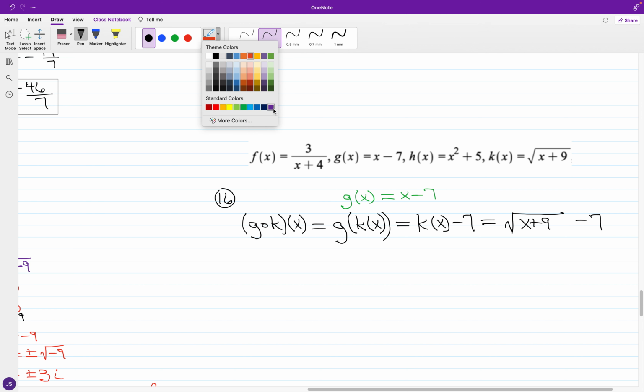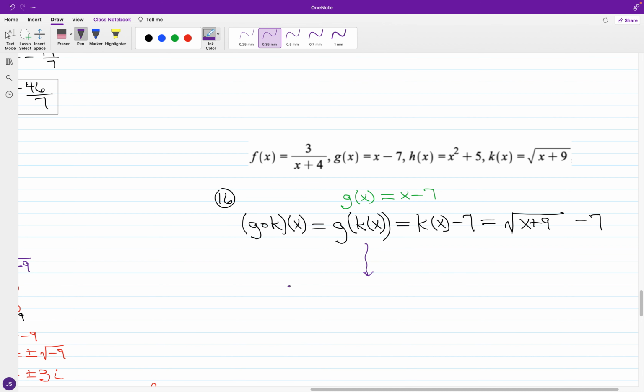Now, in the case of restrictions, the input is equal to K of X, which is equal to the square root of X plus 9.